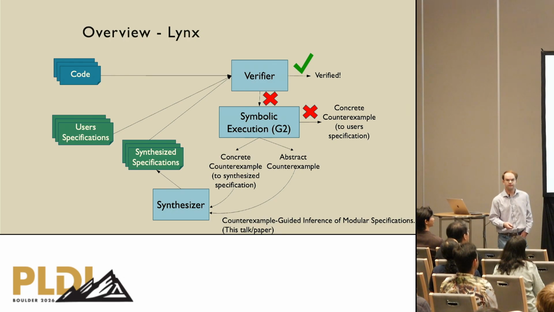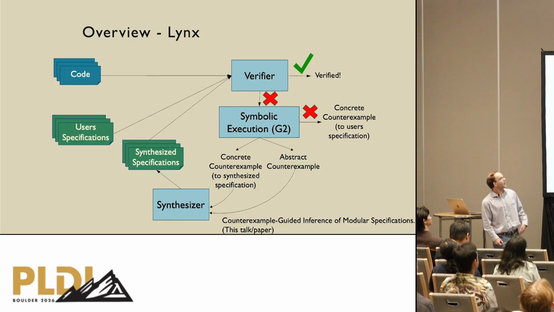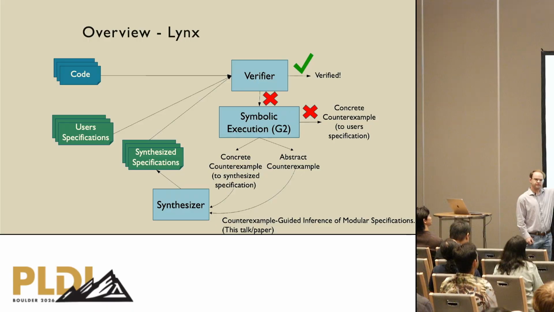So the natural way to do this, if you have counterexamples, is throw this stuff into a counterexample-guided inductive synthesis loop, or a CEGIS loop. So that's what we're doing now. So we now have the code and the specifications written by the user, which is what we're going to try to prove. And then guided by abstract counterexamples, we're going to try to synthesize new specifications to support those user-driven specifications.